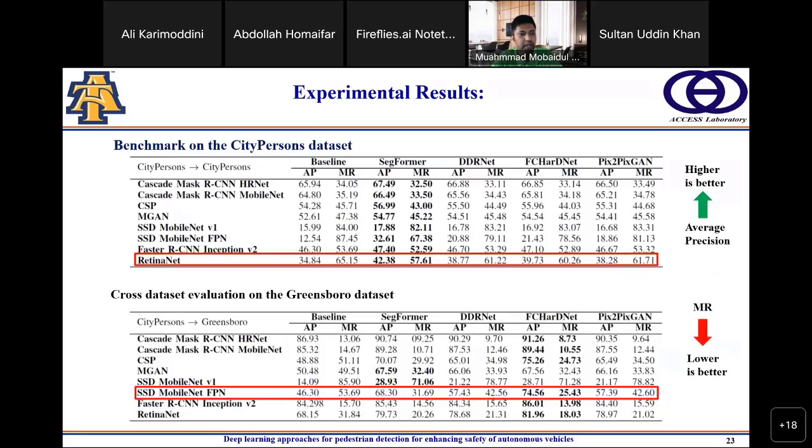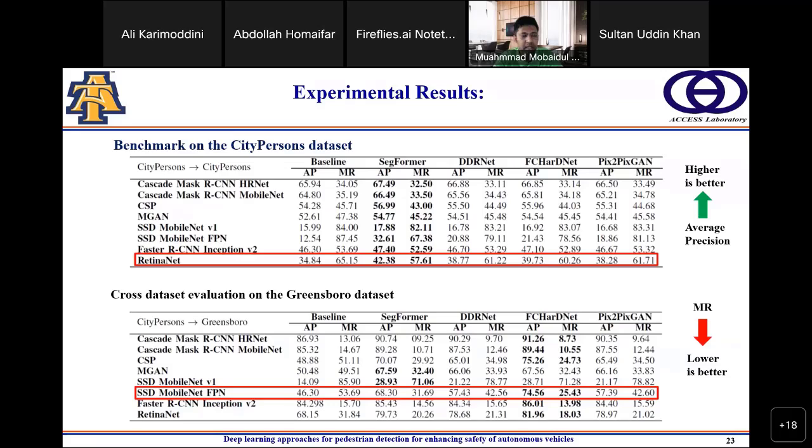AP is denoted for average precision and MR is for miss rate. We know that for average precision, the higher is better for a model. If a model can provide high average precision, that means the model performance is considered better. And also, the lower the miss rate, the better.